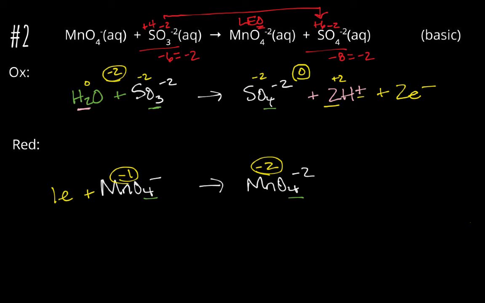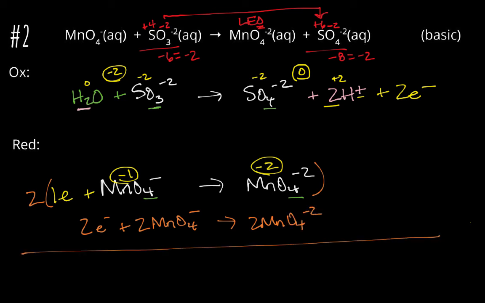Now I have to make sure the electrons cancel. So this bottom one, I'm going to multiply everything by 2. So 2 electrons plus 2 MnO4 minus goes to 2 MnO4 minus 2. I'm going to add everything together. The 2 electrons cancel out.